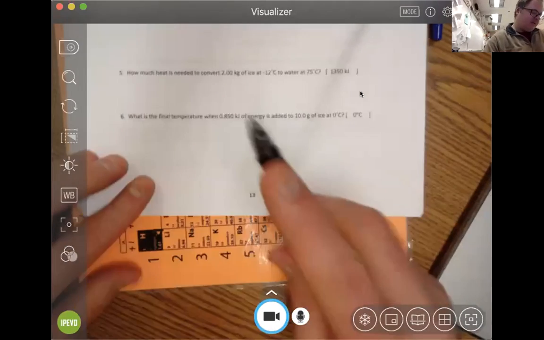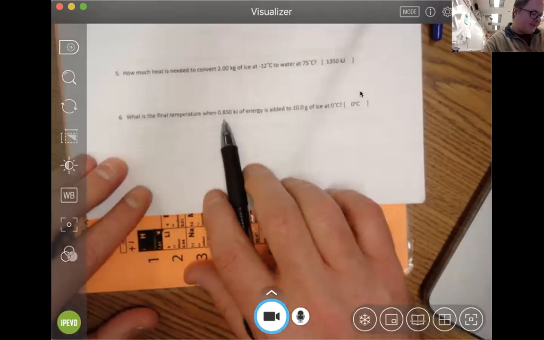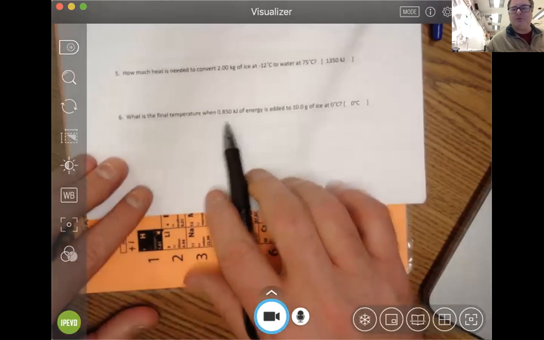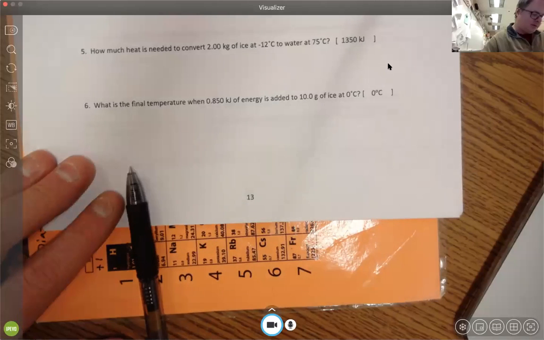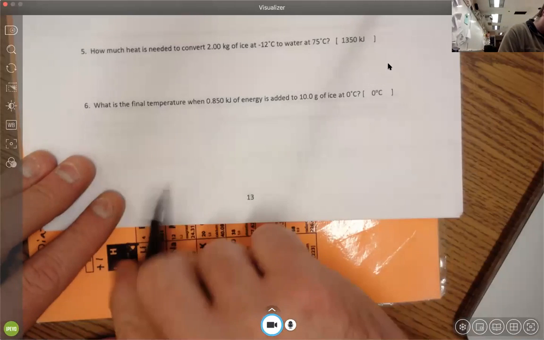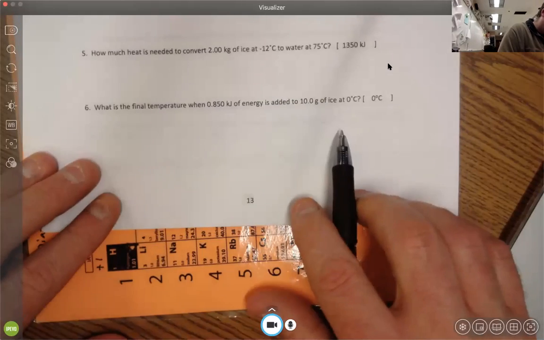All right, so what is the final temperature when 0.850 kilojoules is added to 10 grams of ice? So we have 10 grams of ice.